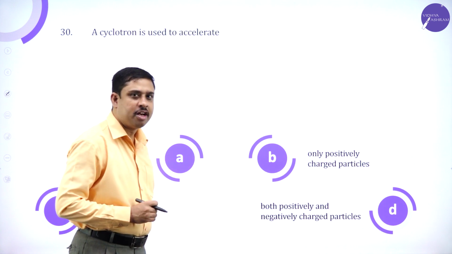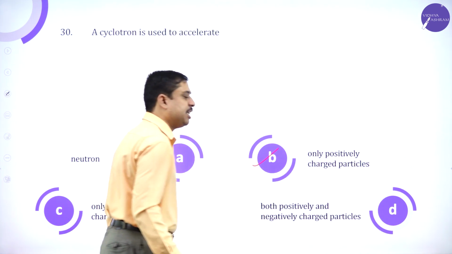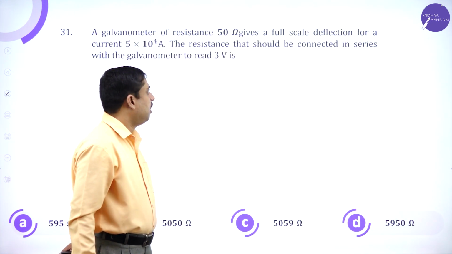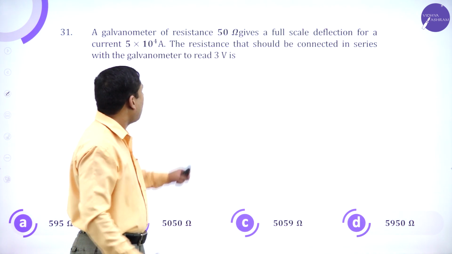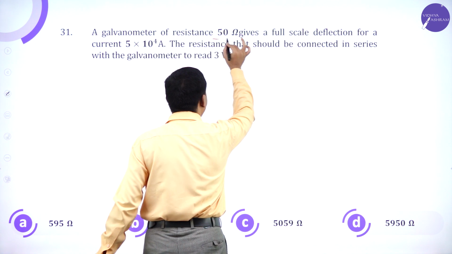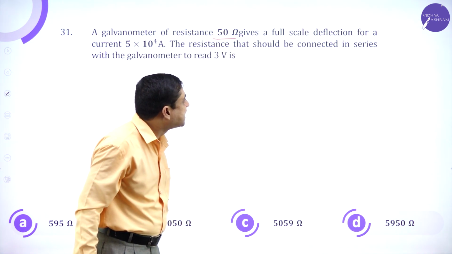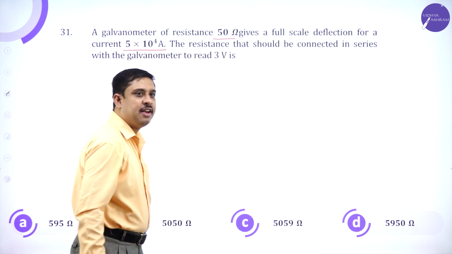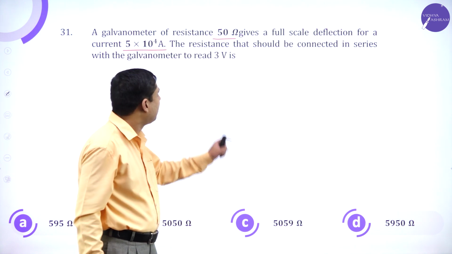A cyclotron is used to accelerate only positively charged particles. A galvanometer of resistance 50 ohms gives a full scale deflection for a current of 5 into 10 power minus 4 ampere.